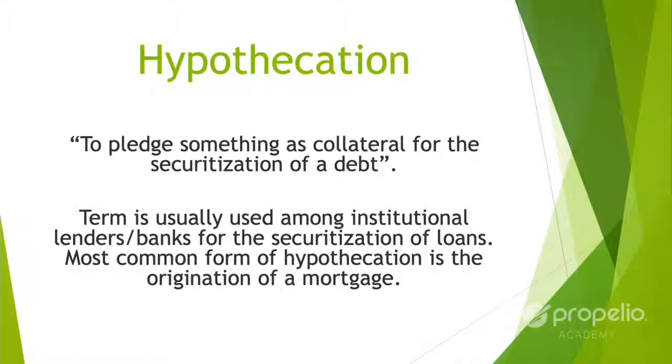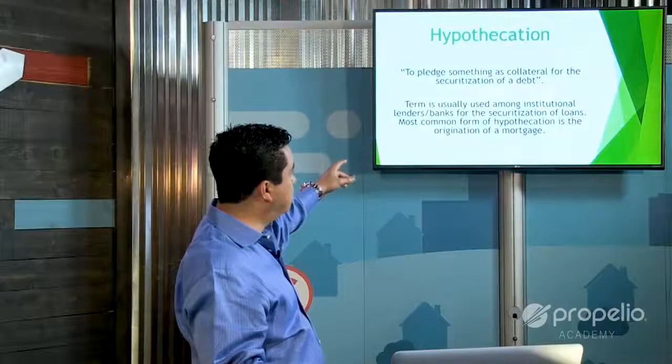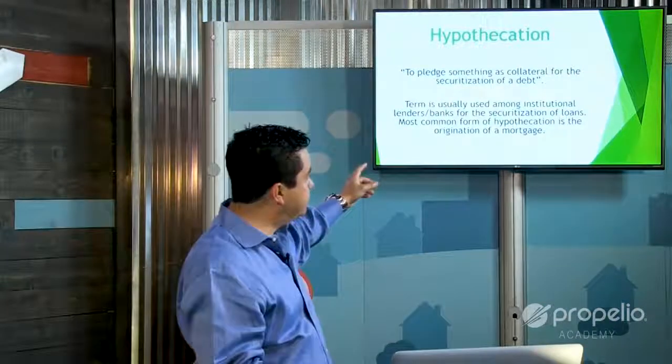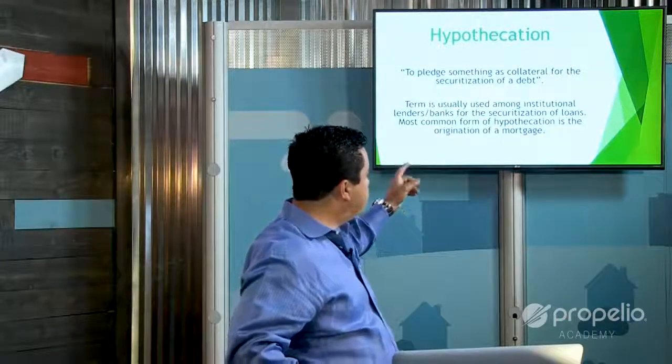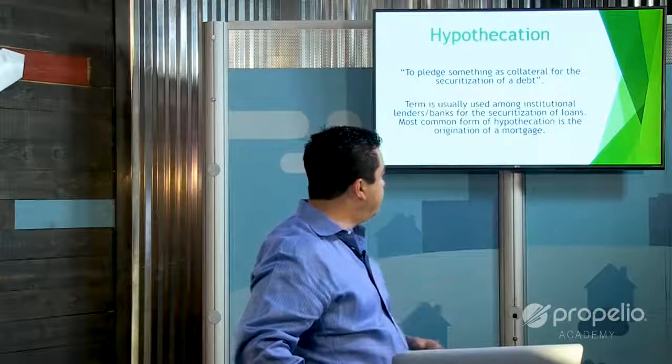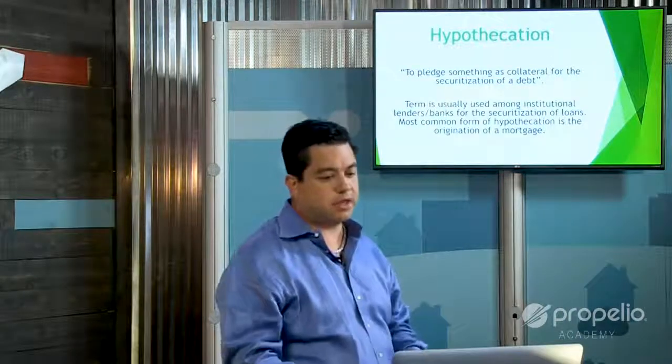Now, I know this might sound like a pretty big term, and I know the first time that I heard it, I was like, "What the heck is that? Like a hippo or what is that?" It sounded really complicated. But basically, the term is used mostly among institutional lenders and banks for the securitization of loans. The most common form of hypothecation is the origination of a mortgage.